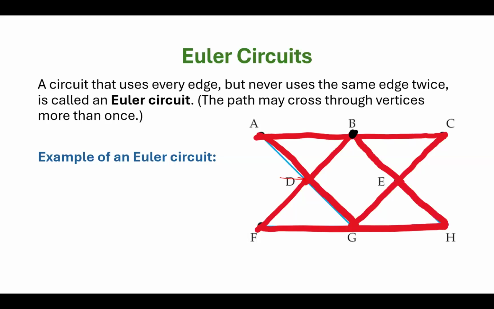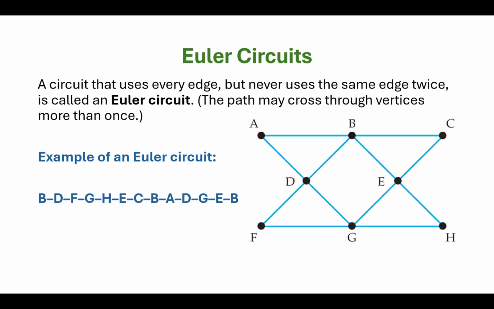I didn't travel along the same line twice. If I had, you would have seen a double line, a thicker, bolder line, meaning that I passed twice through the same edge. So this was an example of an Euler circuit.